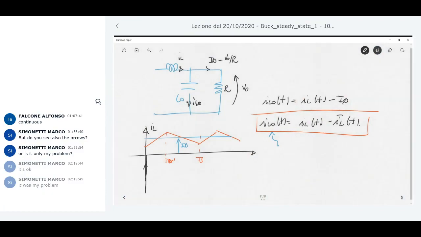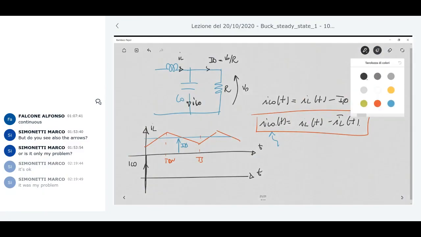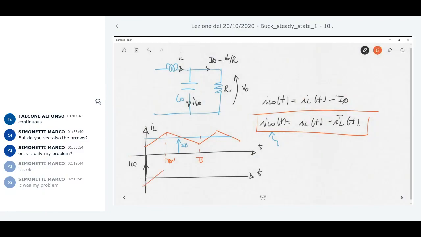So IC naught is the red curve centered around zero. This current has no DC quantity, it is just an AC waveform.